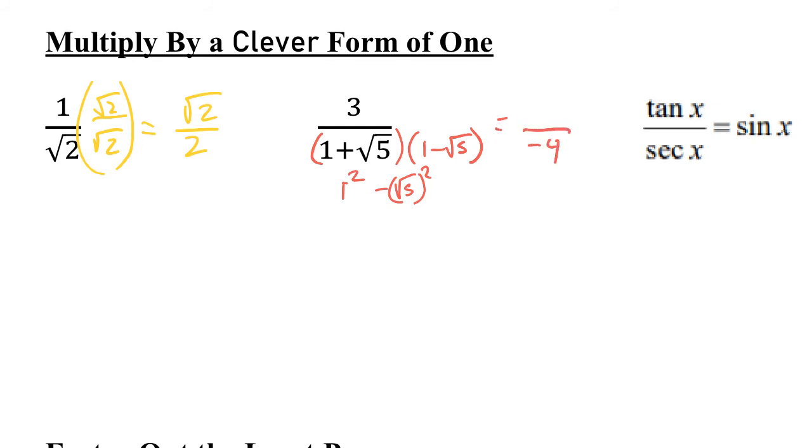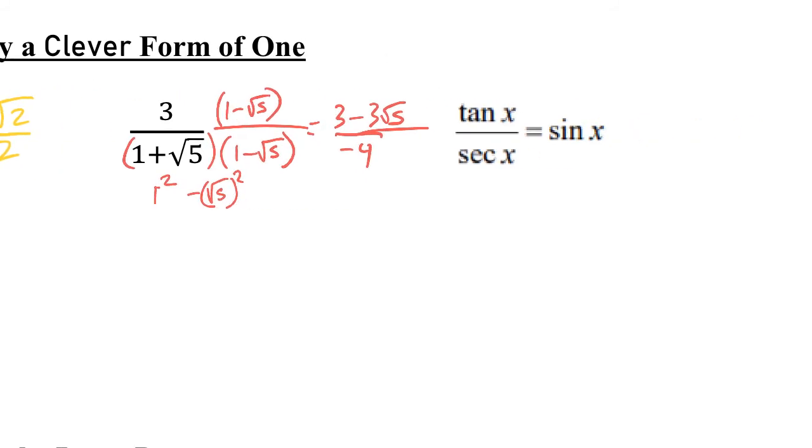But whatever I did on bottom, I have to do on top. So what I'm really doing is multiplying by a clever form of 1 called 1 minus root 5 over 1 minus root 5. And then I could distribute that and I get 3 minus 3 root 5. And then that's sort of the final answer. Sometimes this negative 4 can cancel those a little bit. Not in this problem, I would say, obviously.